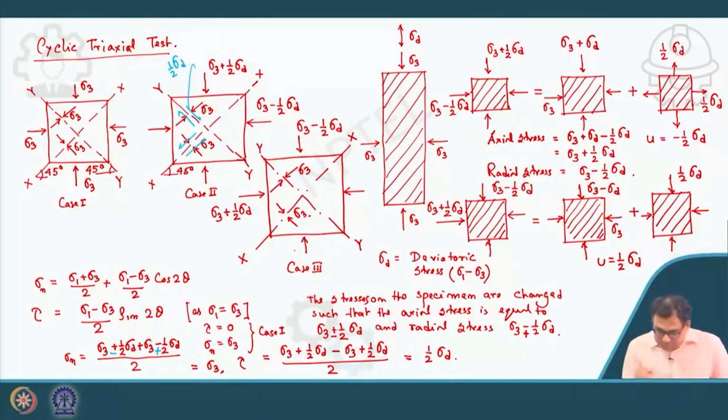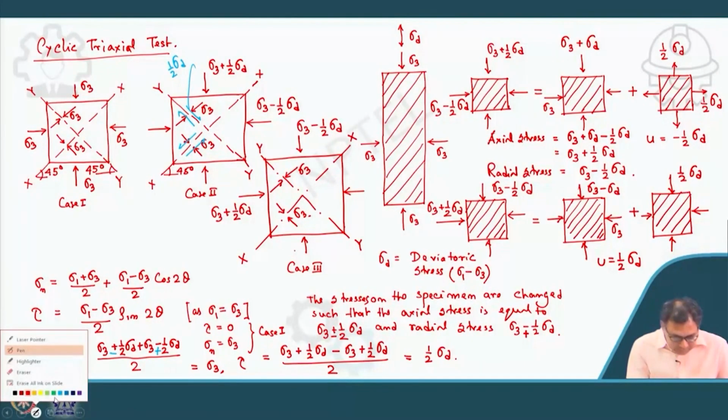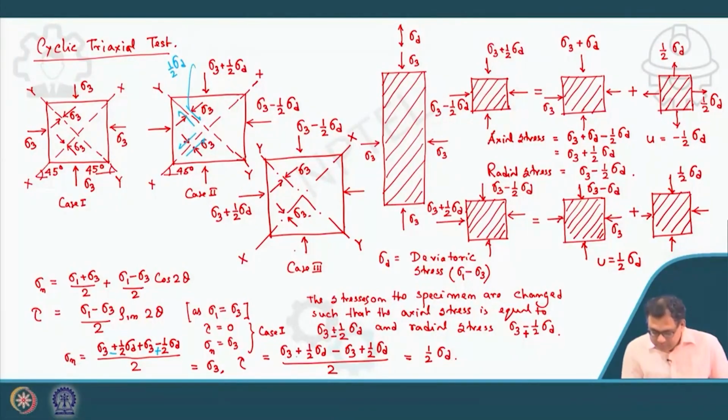Okay. What about now the shear stress? What about the shear stress? Shear stress will be sigma 3 plus half sigma d minus sigma 3 minus half sigma d. Okay, because now it is sigma 3 plus half sigma d. So it will be sigma 3 minus half sigma d minus sigma 3 minus half sigma d.